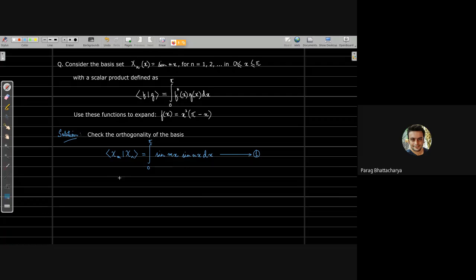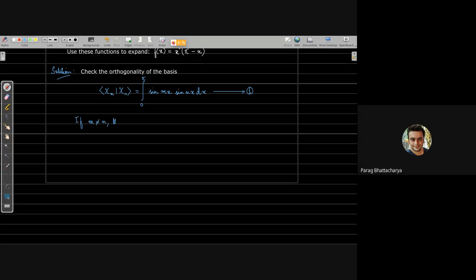Equation number 1. Now if m is not equal to n, then the scalar product of chi m and chi n will obviously be equal to 0.